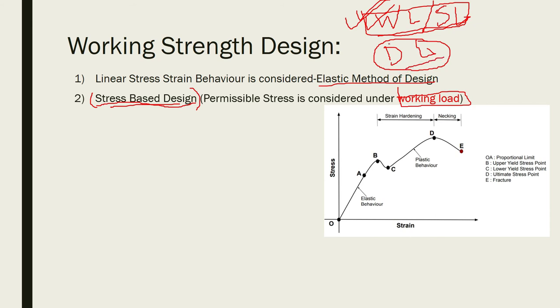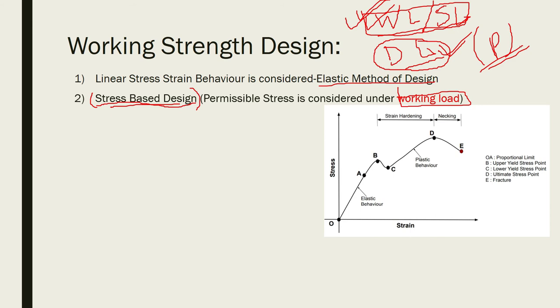This particular concept was developed after probability based design, where we consider the probability of occurrence of different kinds of load. For example, dead load is the self weight or any non-movable item of the structure, and live load is movable, like us.